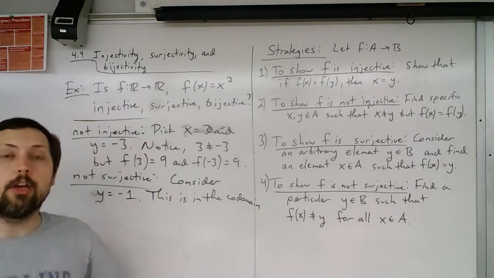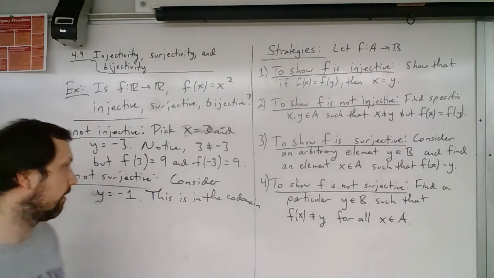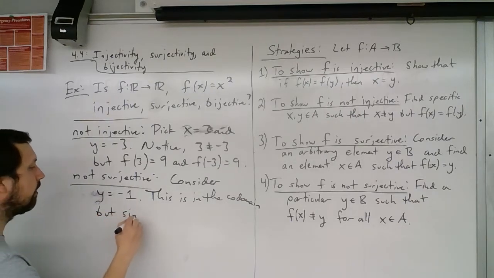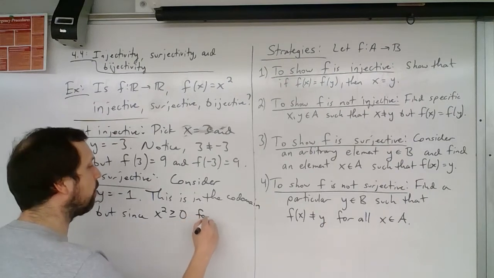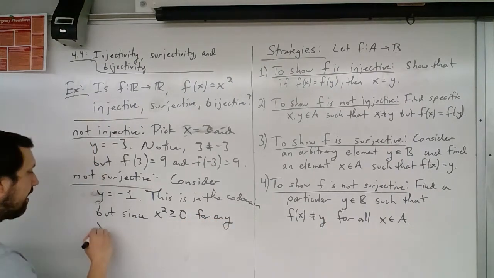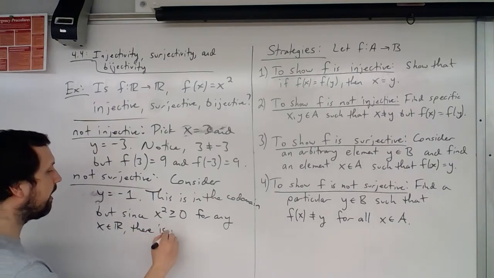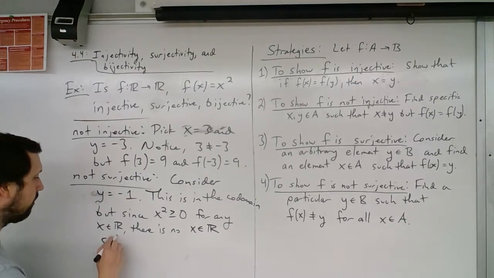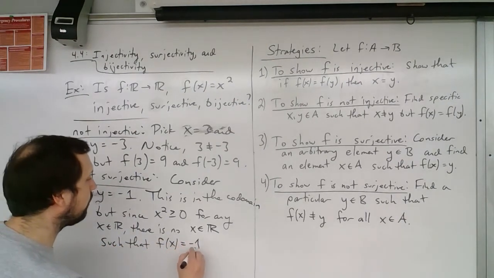Be careful, because sometimes if you don't acknowledge that you're in the codomain, you might be making a mistake. So this is in the codomain, but since x squared is always greater than or equal to 0 for any x that's in the reals, there is no x in the reals such that f of x is equal to -1.